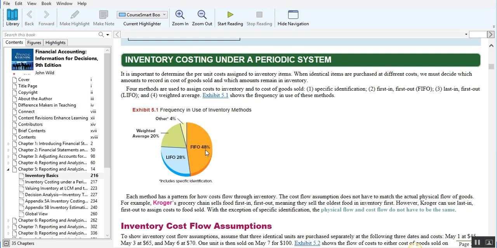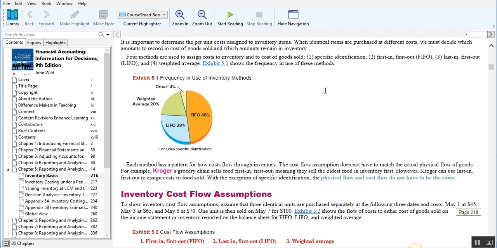They're shown here with how often these are used. You can see FIFO is a very popular approach. LIFO is also fairly popular. Weighted average is a big one, and then the other slice is very small, and probably that's because if you're a merchandiser, there's not going to be a lot of people dealing with specific identification.